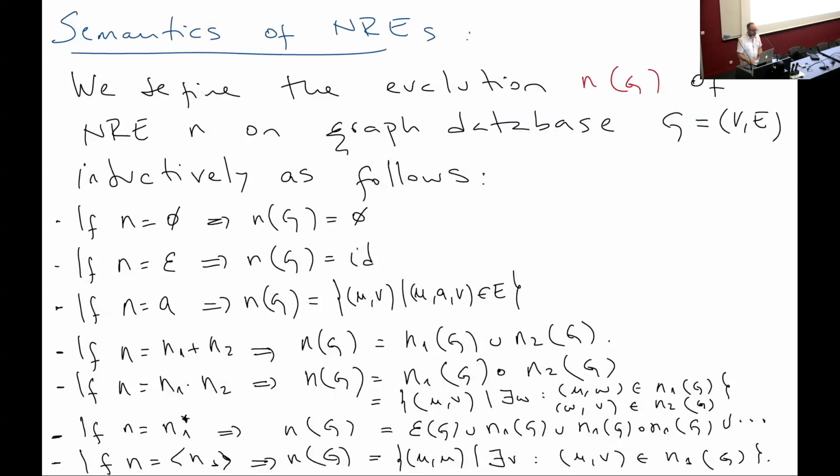So what is the evaluation of a nested regular expression on a graph database? Well, up to here, it's exactly the same as the evaluation of a regular path query, but we also have these existential tests. So what does an existential test do?